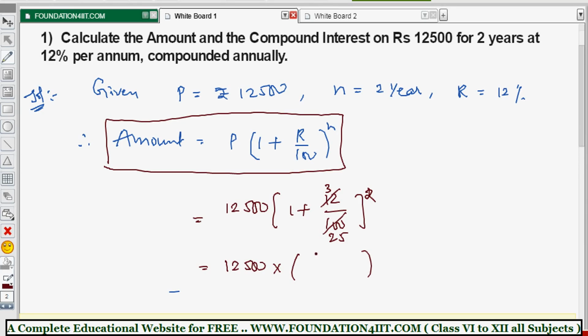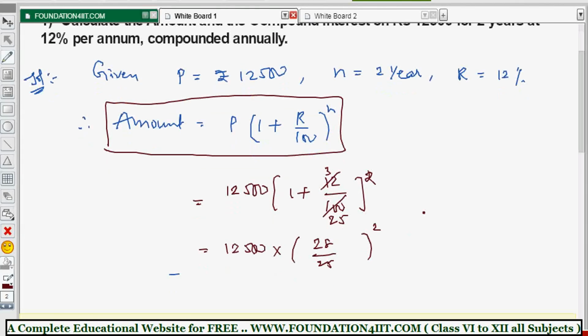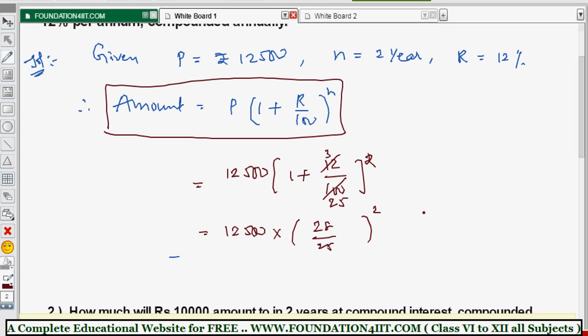So 25 plus 3, 28 by 25, whole squared. Then we can simplify more: 12,500 into 28 by 25 times 28 by 25.